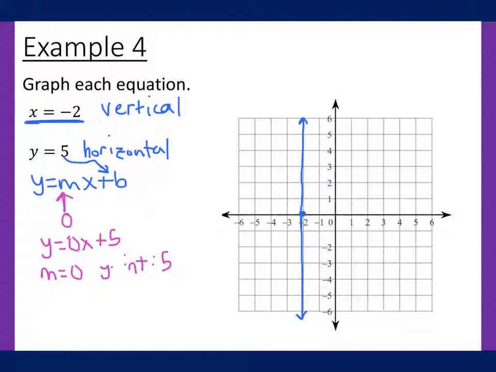That means I'd go to 5 on the y-axis and draw my dot. A 0 slope is a horizontal line. So that line kind of sucks. Please forgive me. Okay, so if you see y equals 5, or y equals something, that's a horizontal line. If you see x equals something, that's a vertical line.